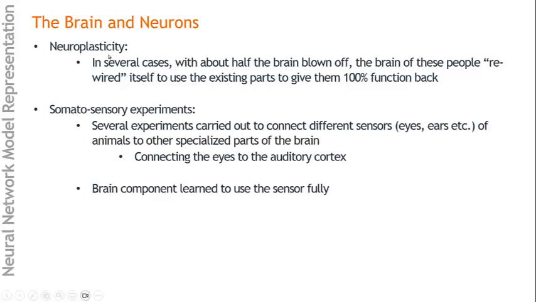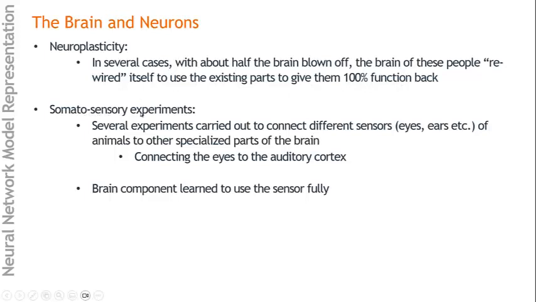Neuroplasticity. Sometimes people's brains get damaged through accidents, perhaps during war. So in some cases, when about half of the brain is destroyed, the brain of these people rewired itself to use the existing neurons to give them 100% of function back.